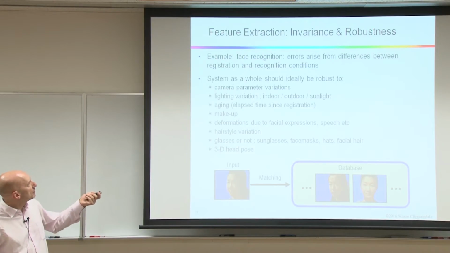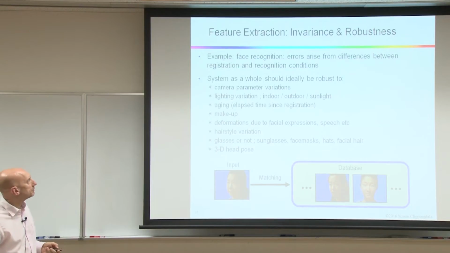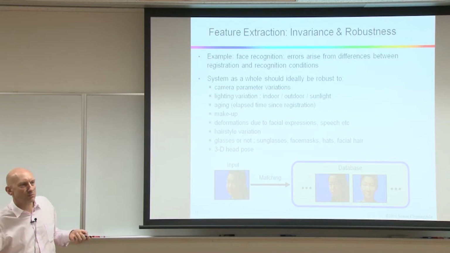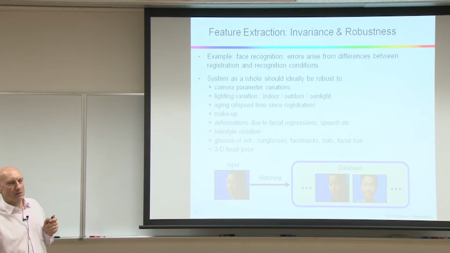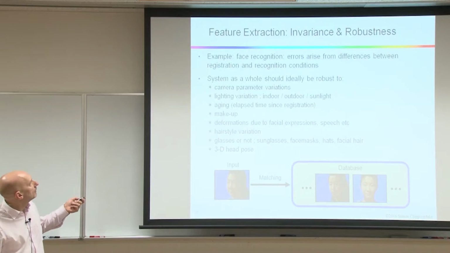So the difference between these conditions can screw things up. Ideally, the system as a whole should be robust against camera parameter variations. If you change the camera, you still want the thing to work, or if you take the input video with a different camera from the one that you used to register people.